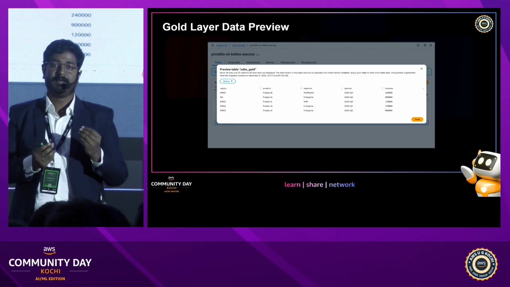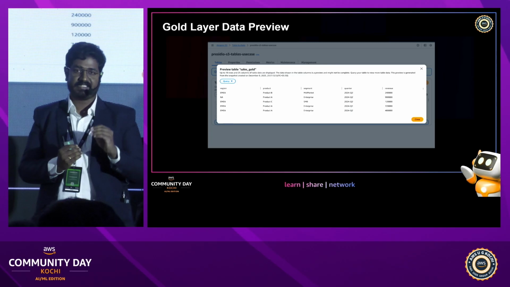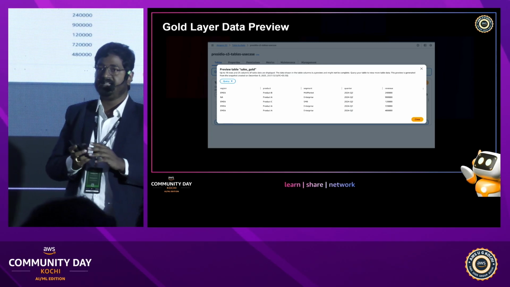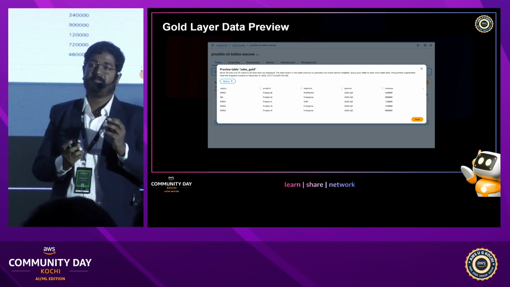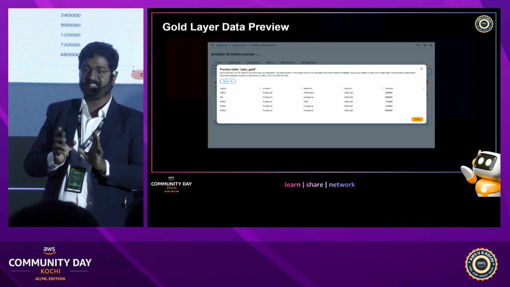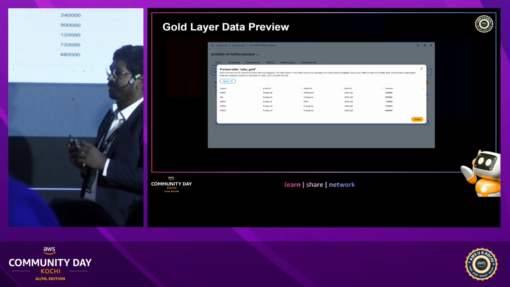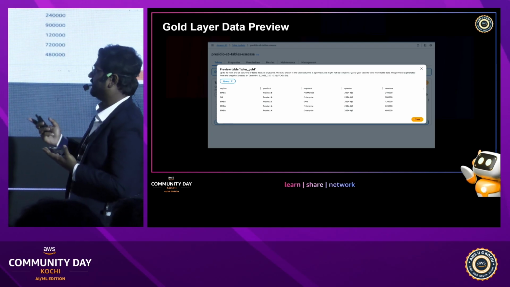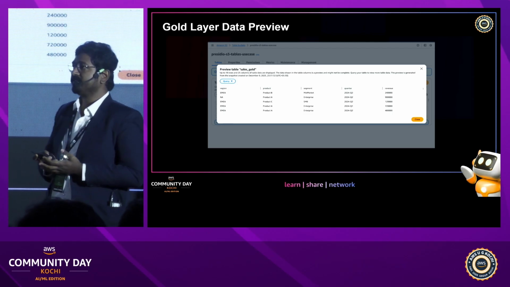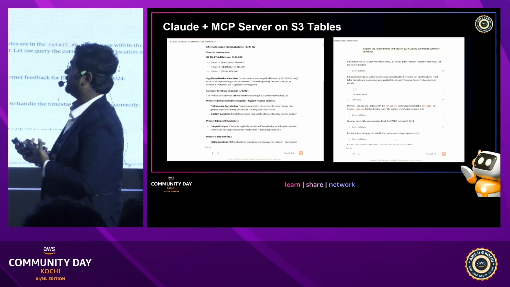Most of the business related metrics are defined and customized per business level, and we perform data aggregation and data cleansing on top of the silver layer, so that we have clear business metrics defined. For this use case, we have outlined only the sales related information in the gold layer. This is the data for which we will be configuring the MCP server.